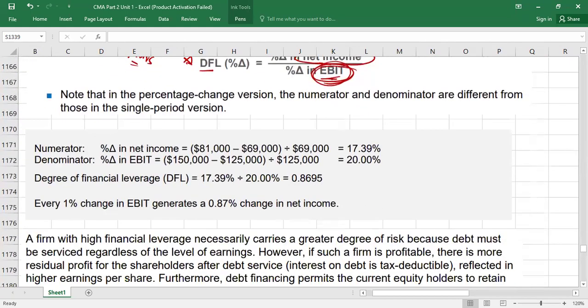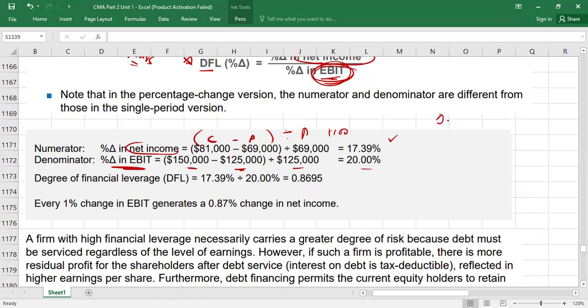So here you have the change in net income. First, we will calculate it. For net income, as I told you, the formula is current year value minus previous year value, divided by previous year value, multiplied by 100. So you got 17.39%. And then we have the percentage change in EBIT. Again, current year value minus previous year value divided by previous year value. So you got a 20% change in EBIT. Now you will apply the formula. What was the formula?